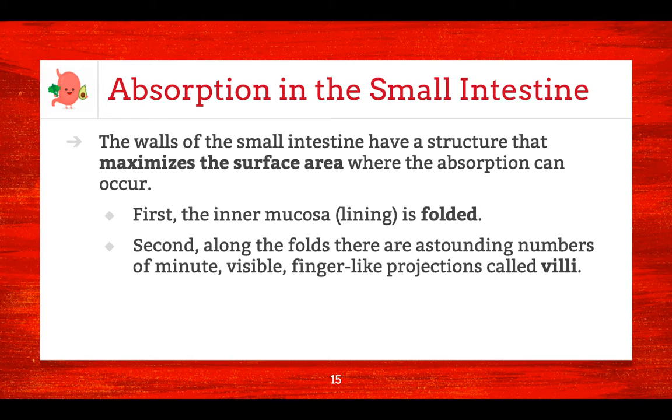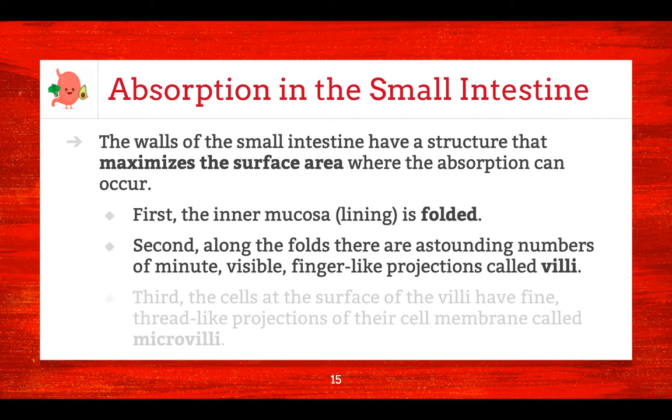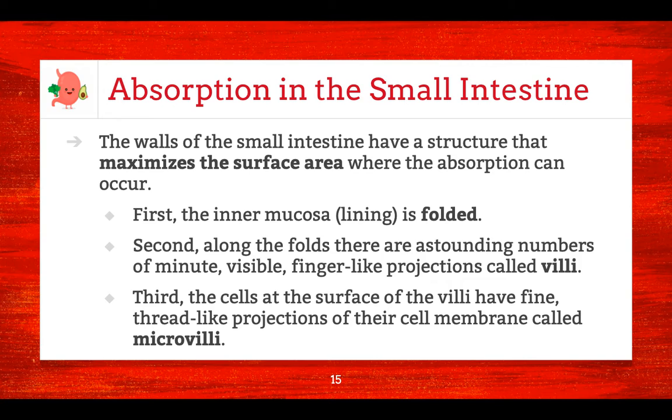Next, along those folds, there are astounding numbers of these minute, visible finger-like projections called villi. And third, the cells at the surface of the villi have fine thread-like projections of their cell membrane called microvilli. So all these things put together create a huge surface area for all the nutrients to be absorbed into the body.